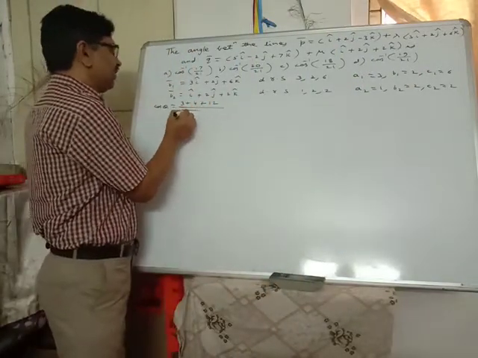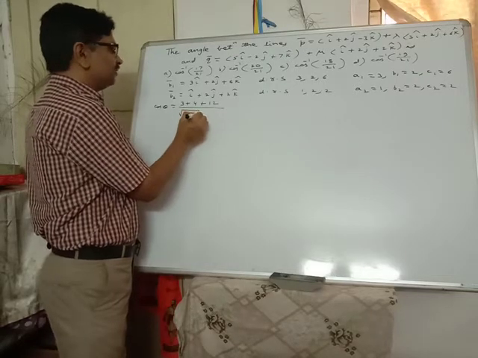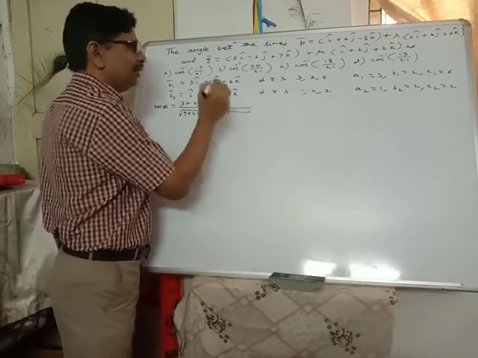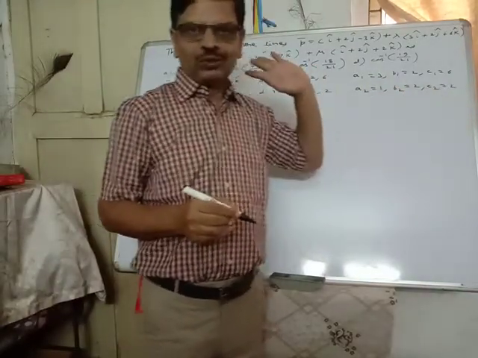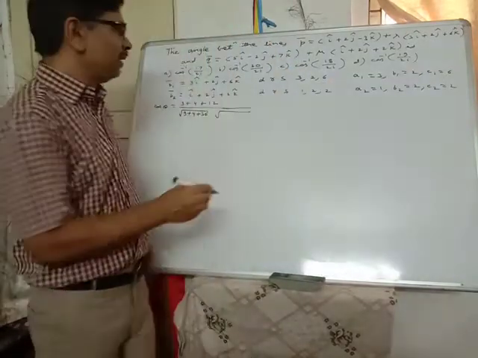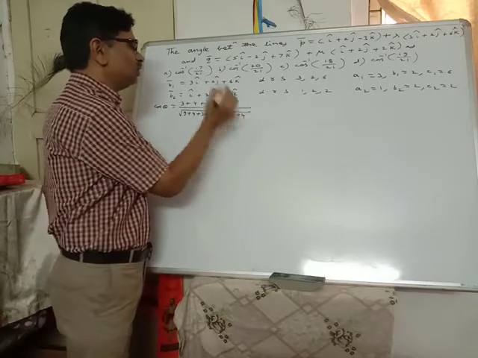Under root 3 square 9, 2 square 4, 6 square 36. Under root a2 square plus b2 square plus c2 square: 1 square plus 2 square plus 2 square. 1 square 1, 2 square 4.